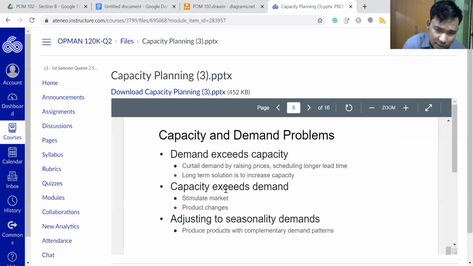All right, next is adjusting to seasonal demands. The problem is that demand can change really quickly, a lot more quickly than you can change your capacity. Seasonality is an example of this.